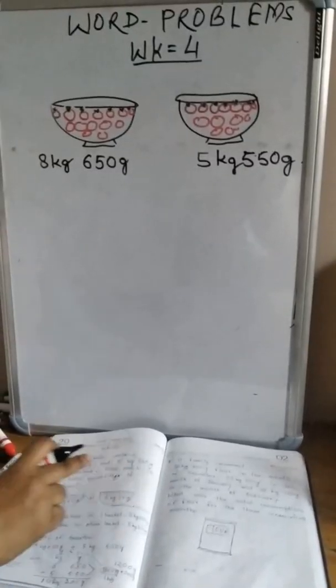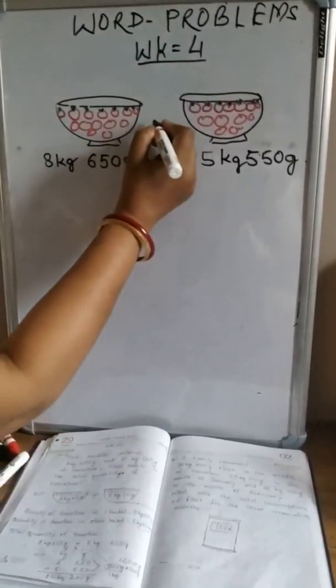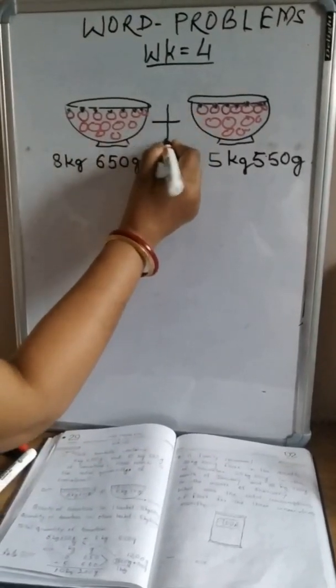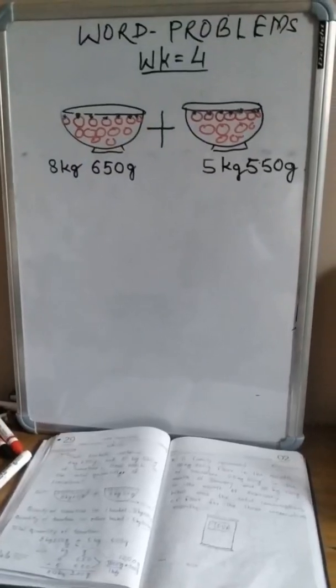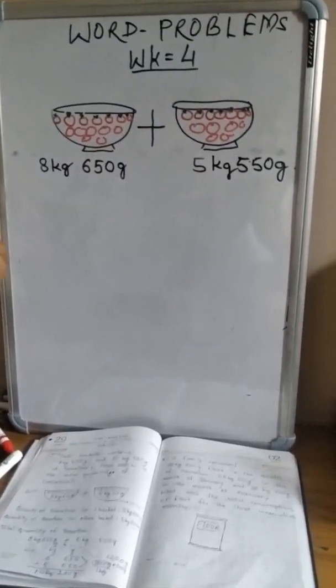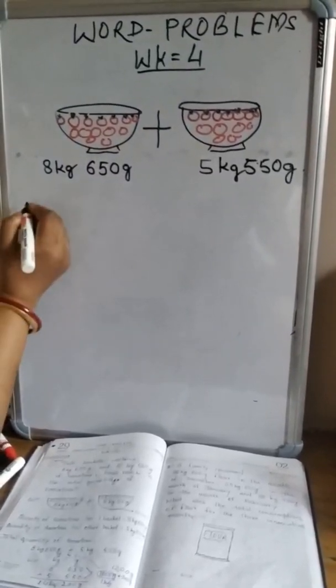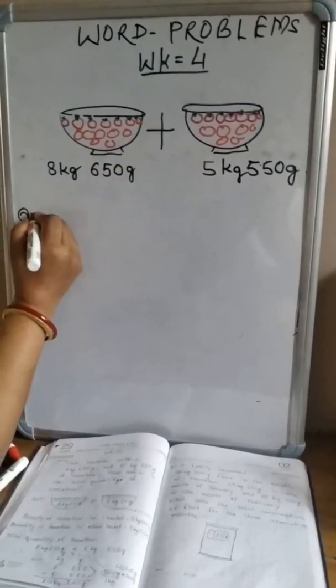So now the question is, how much is the total quantity? Here total means you have to do addition. What you have to do? Addition.